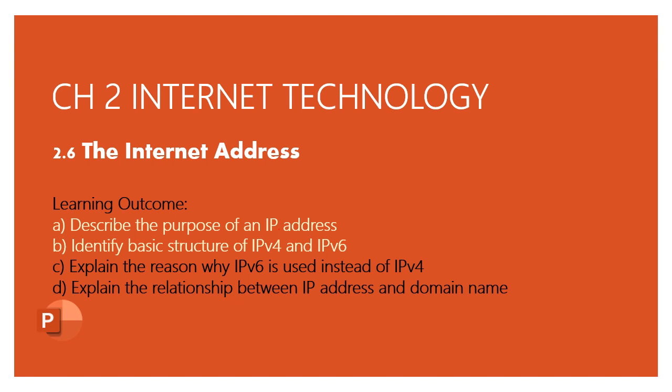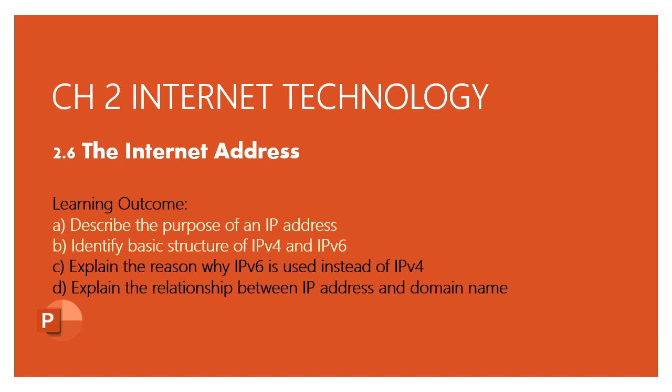In 2.2 subtopic, we covered all the parts of network architecture. There are 2 types of network architecture, which is client-server architecture and peer-to-peer architecture.